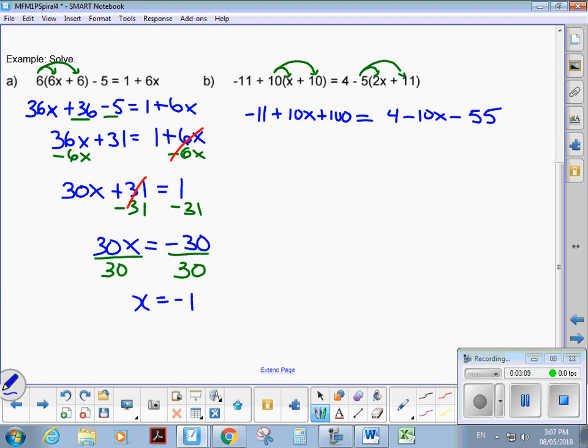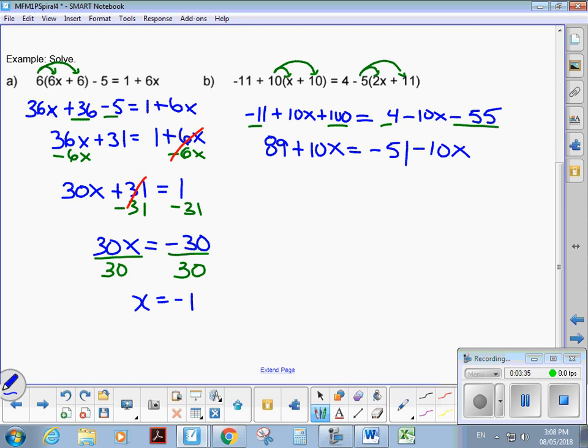Then let's collect like terms on the same side of the equal sign. Negative 11 plus 100 is 89 plus 10x. On the other side, I have a 4 and a negative 55, so that gives me negative 51 minus 10x.